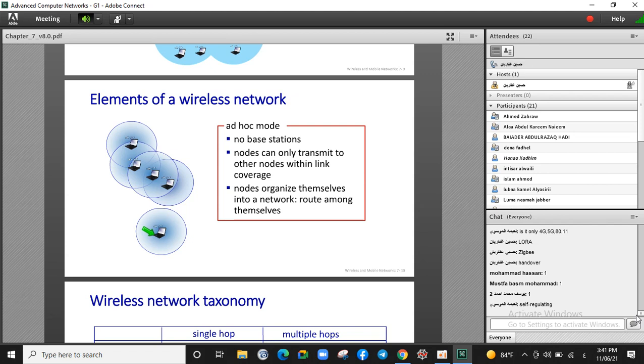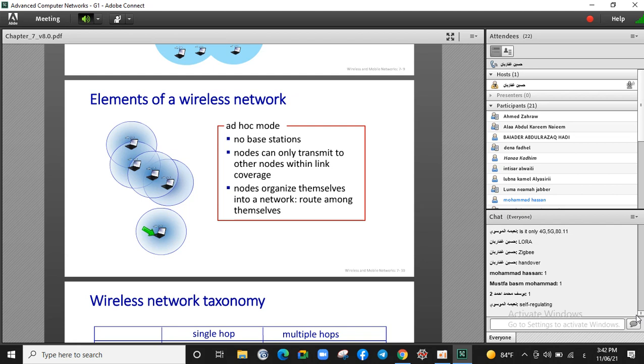This capability is very interesting, especially when we talk about SOS teams or military teams, because we can use infrastructures when we have an implemented base station. Firstly we should implement a base station, and then we can use it as an infrastructure mode wireless network.